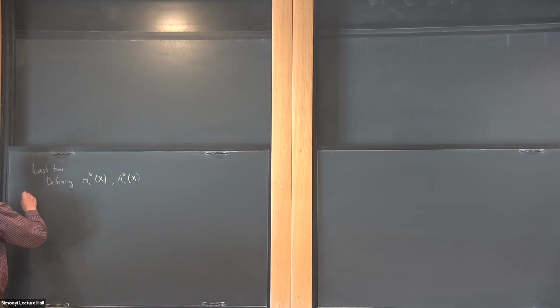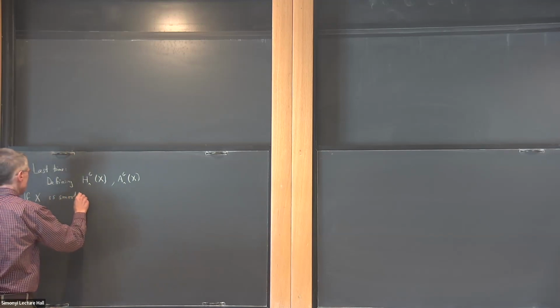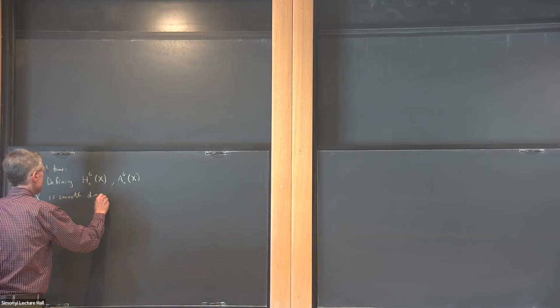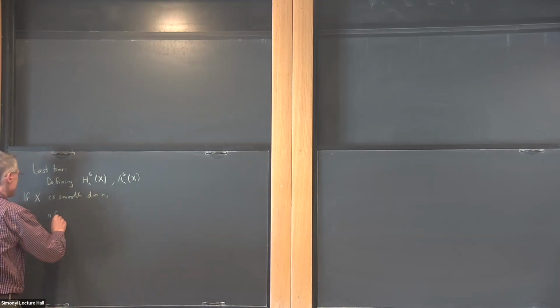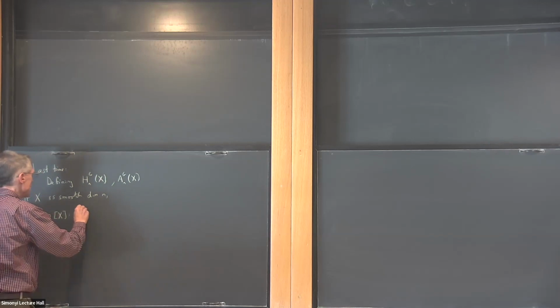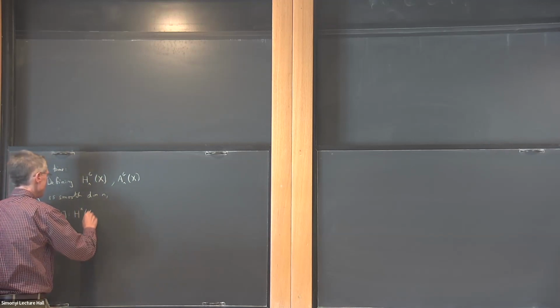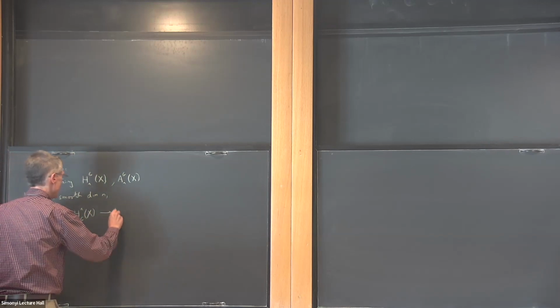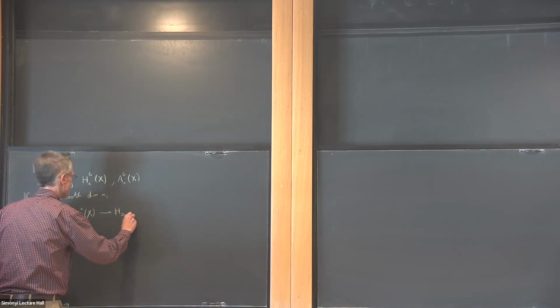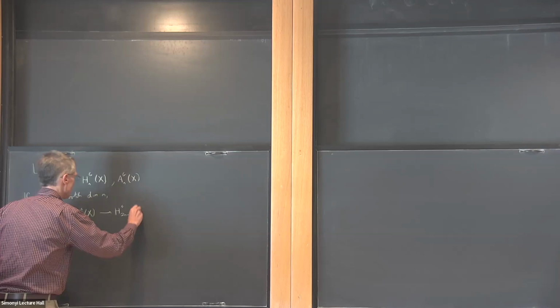One thing that I mentioned was that if X is smooth of dimension n, there's this cap product, and it's an isomorphism from H_i^G of X to H^{2n-i}_G of X.